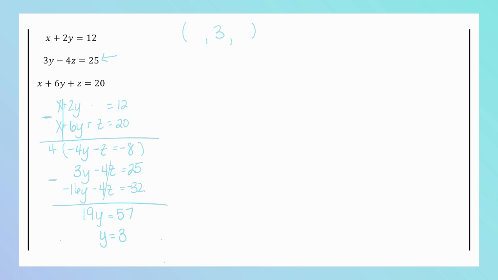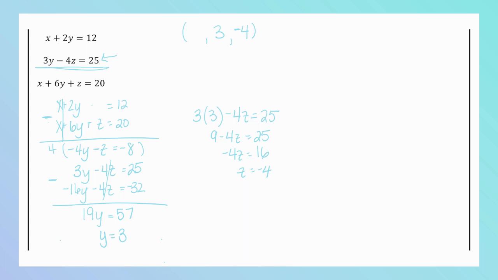So I'm going to look back up here to this 3y minus 4z equation, and if I put in 3 for y, I can solve for z, okay? So 3 times 3 is 9, minus 4z equals 25, subtract 9, and divide by 4. So now I know that z equals negative 4.